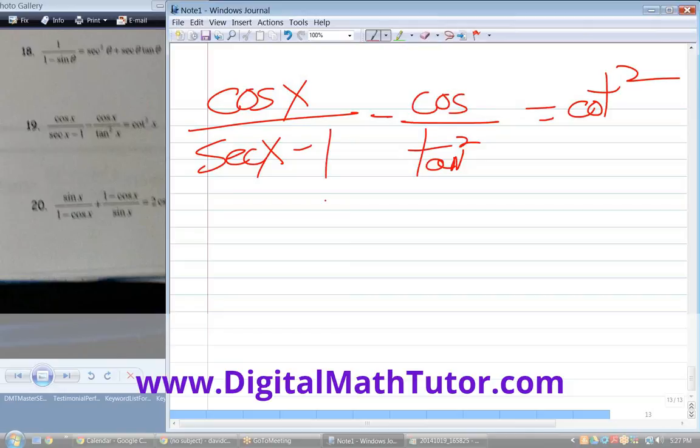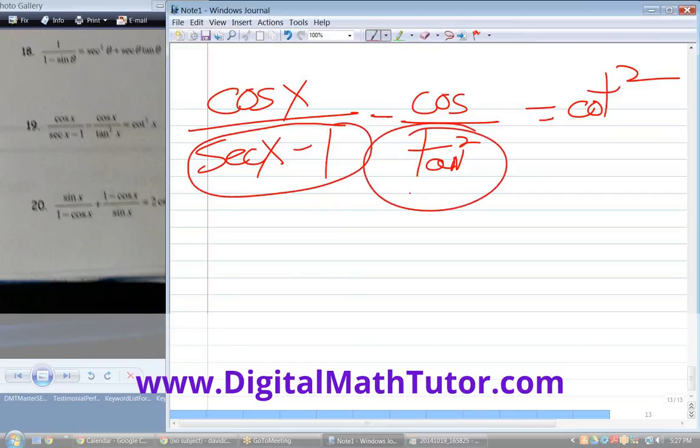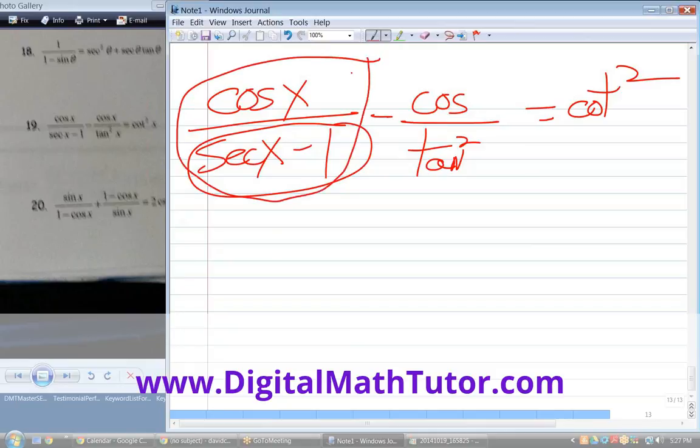Well, that's very useful to know. If I can somehow turn that into tangent squared, I already have a tangent squared in that denominator, so I'll be able to manipulate them. And we know cotangent squared is 1 over tangent squared. So multiplying this by the conjugate seems to be the perfect way to go. So what's the new numerator and denominator?